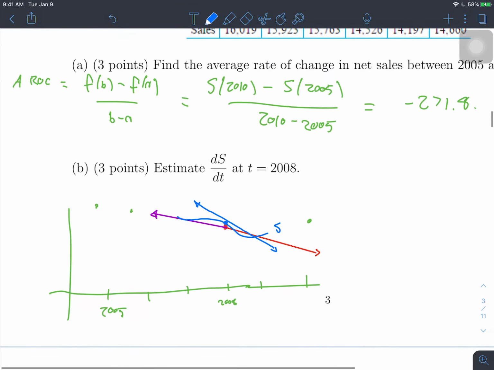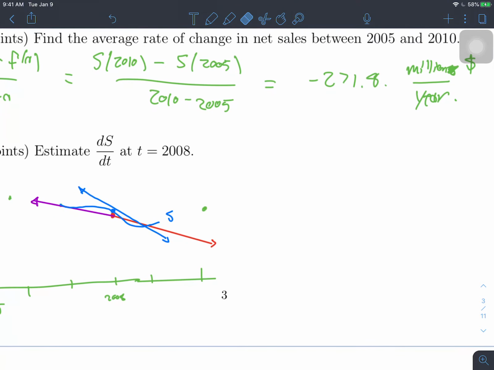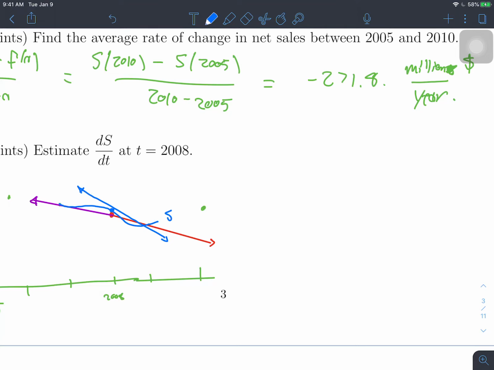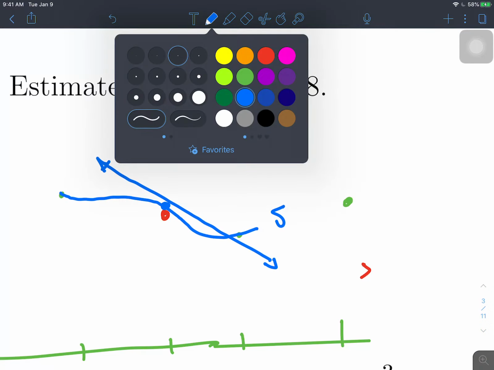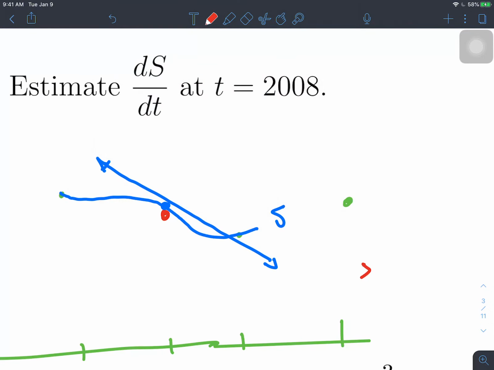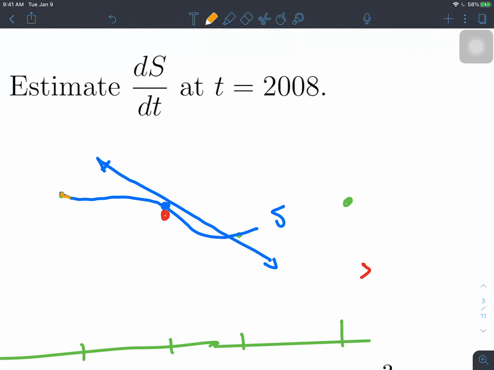Okay, so what I'm actually going to do is compute the average rate of change, which passes through the 2 points which are sort of next to our actual point.